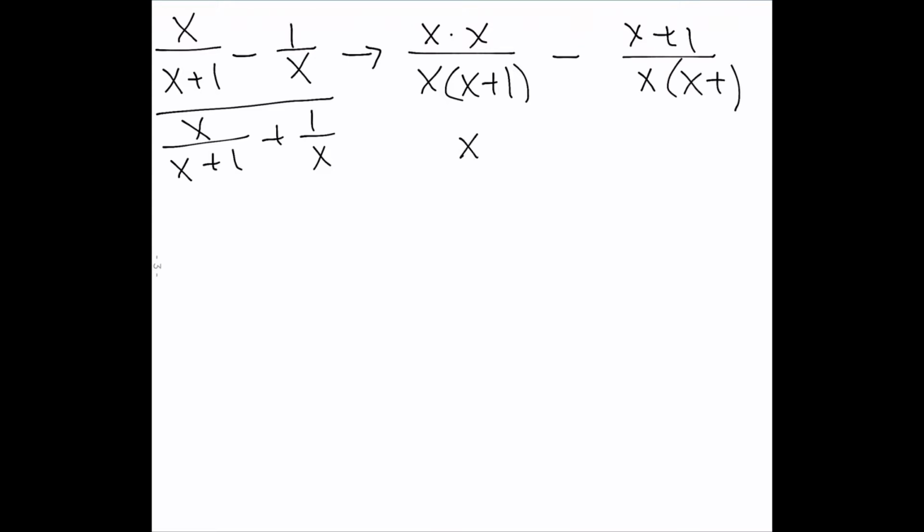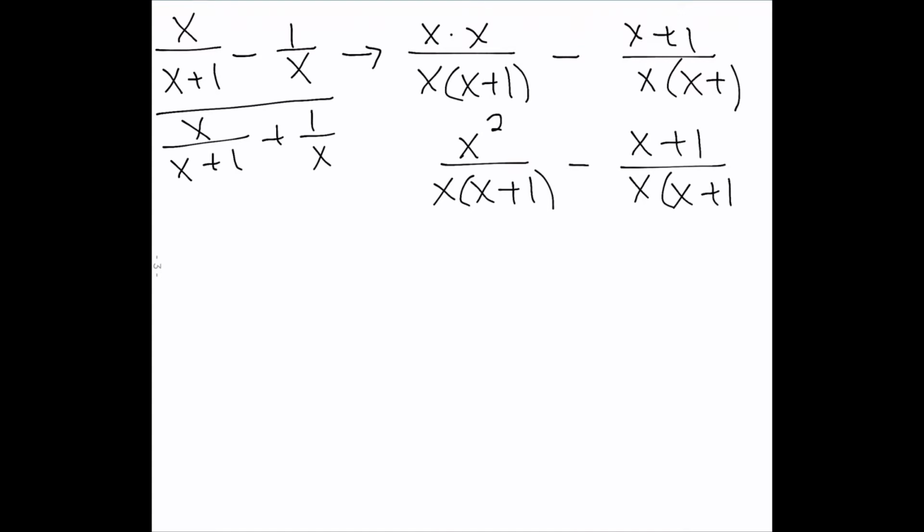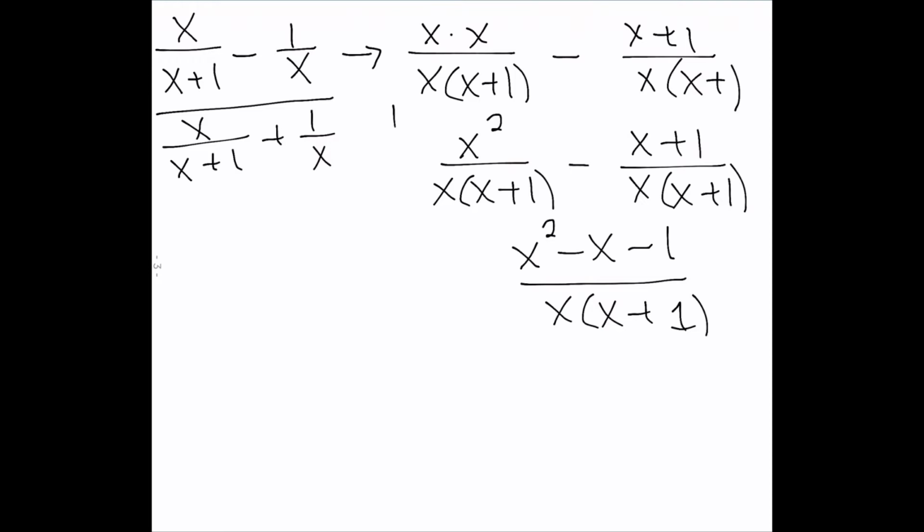So this reduces to x squared over x times x plus 1 minus x plus 1 over x times x plus 1. That gives me x squared minus x and then minus 1. And that's the new top of the fraction.